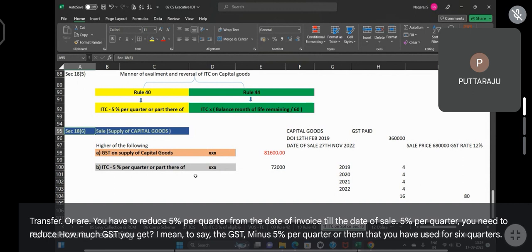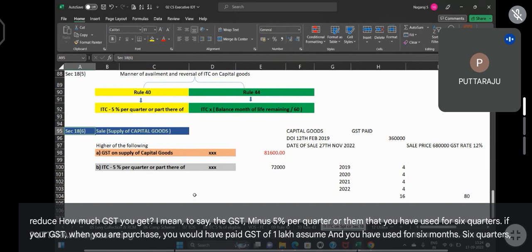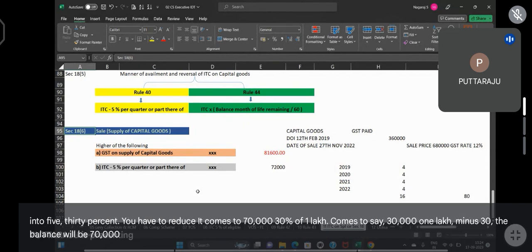When you purchased, you would have paid GST of 1 lakh, assume, and you have used it for 6 quarters, 6 into 5, 30% you have to reduce. 30% of 1 lakh comes to 30,000. 1 lakh minus 30, the balance will be 70,000, or the transaction value on which you pay the GST.